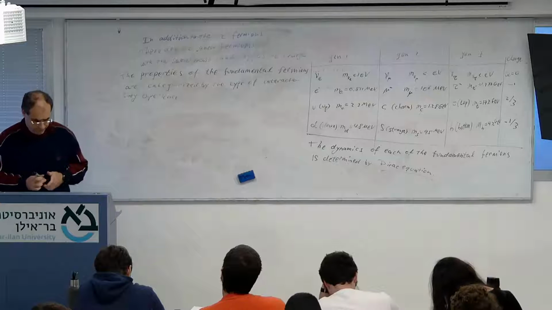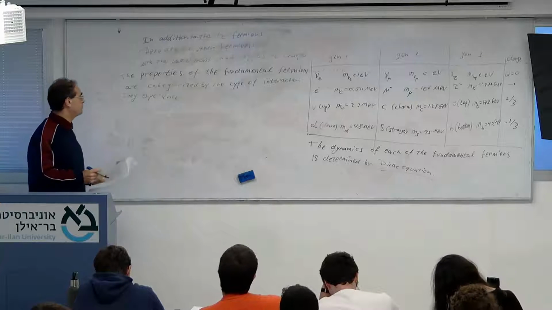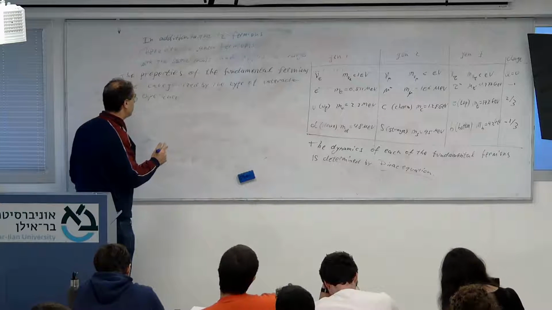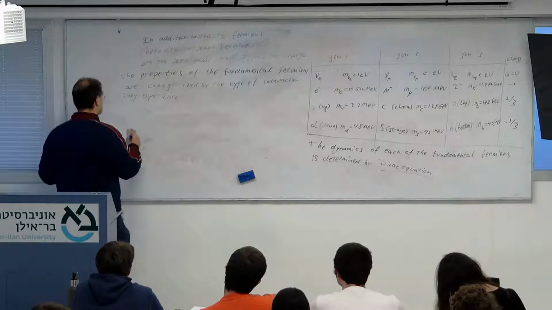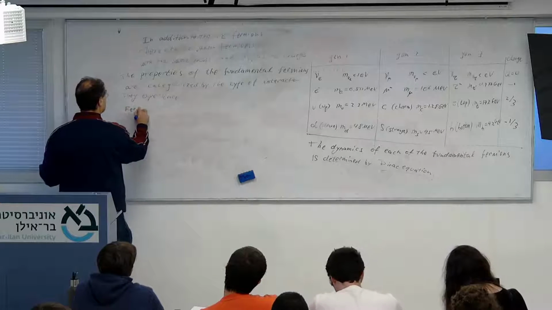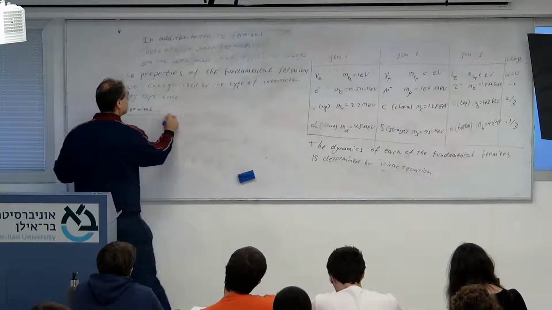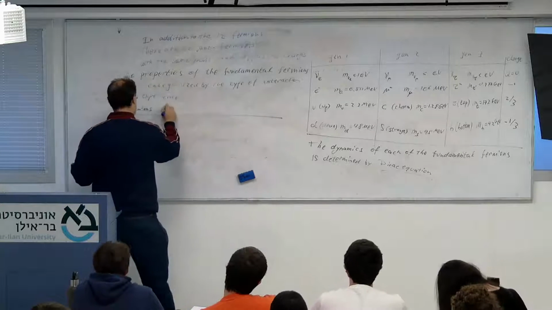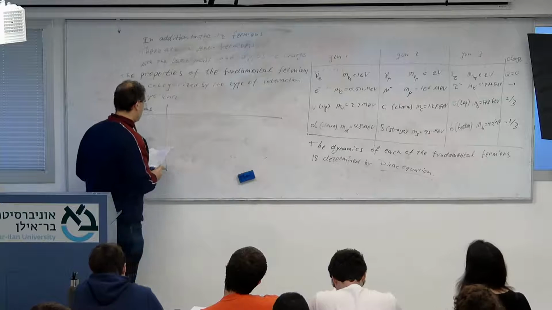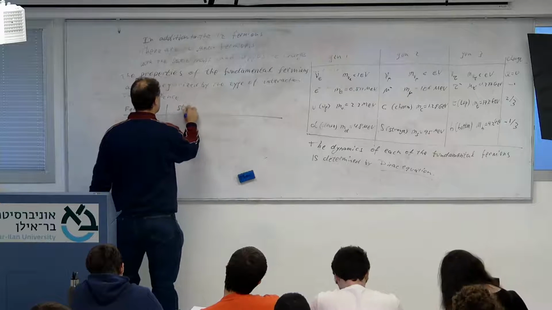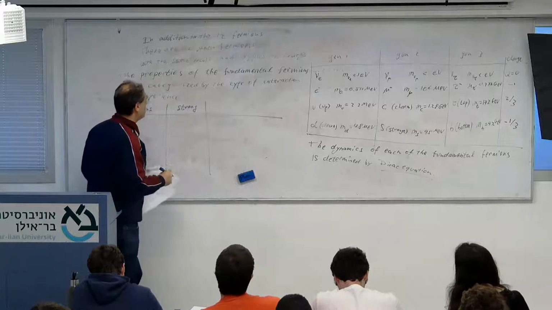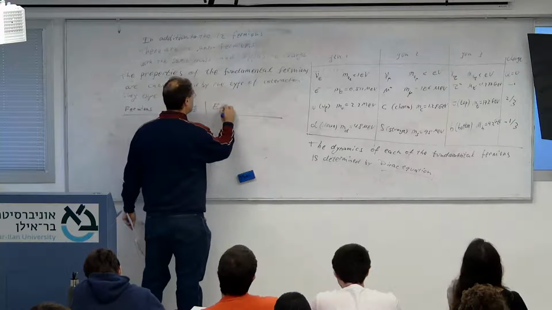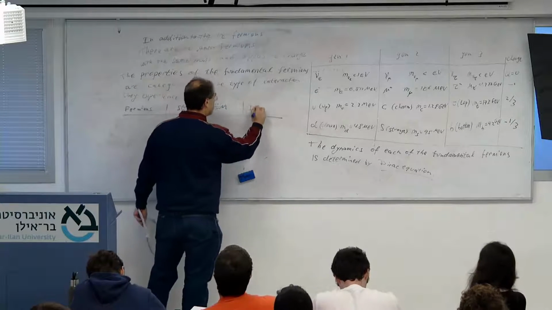We have three types of interactions. So let's look at the fermions. We're making a table: strong, electromagnetic, and weak.